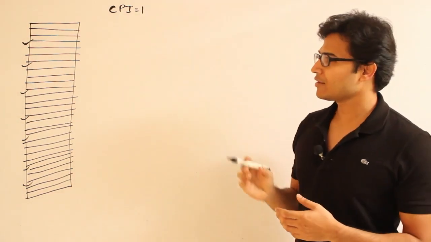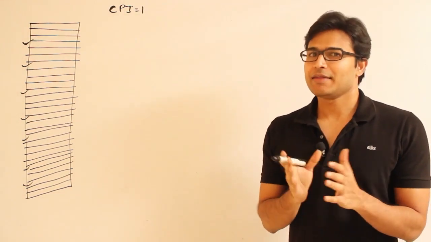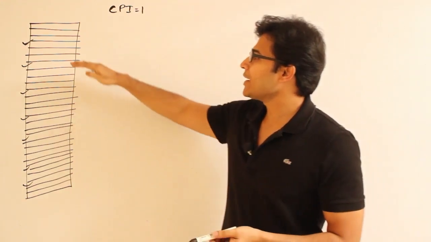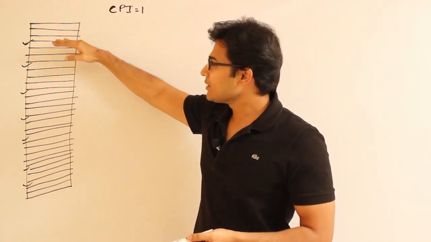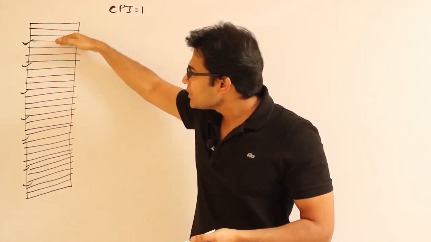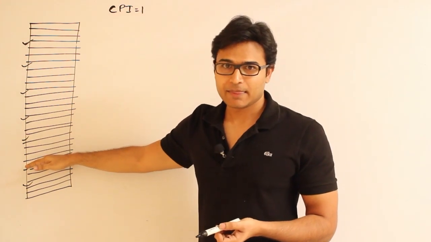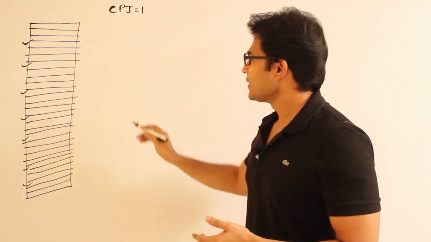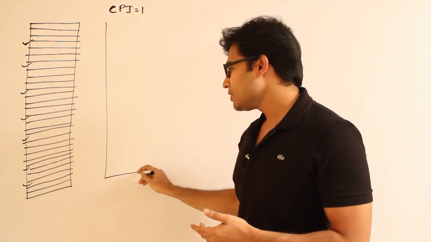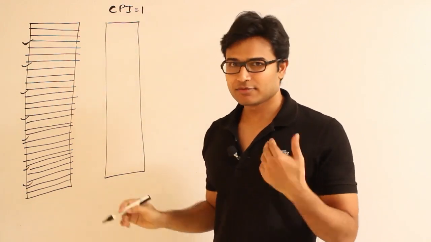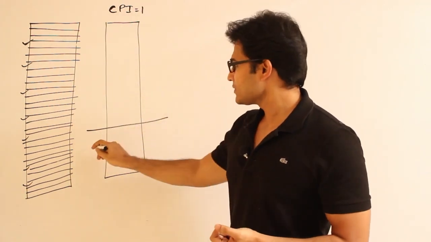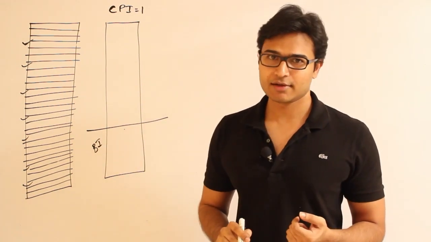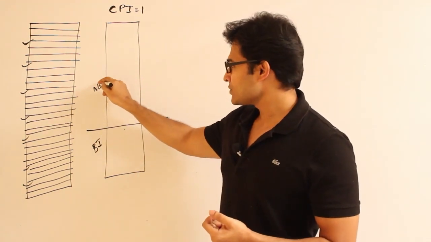When you have such an organization, it is very difficult to analyze. So what I suggest is, whenever you have branch instructions, it is better to pull out all the branch instructions to one side and put the remaining instructions on the other side. Recreate the program in your mind as if all the branch instructions are on one side, executing one after the other, and all the non-branch instructions are on the other side.